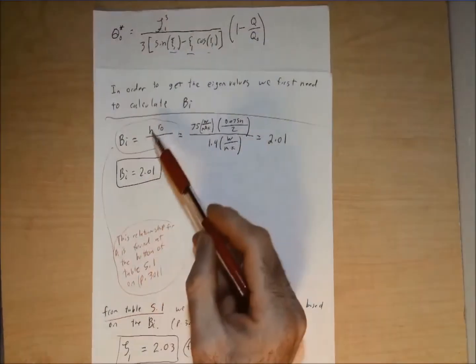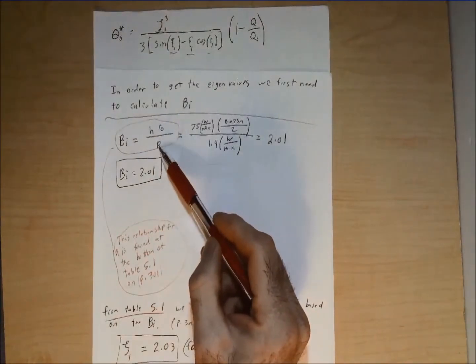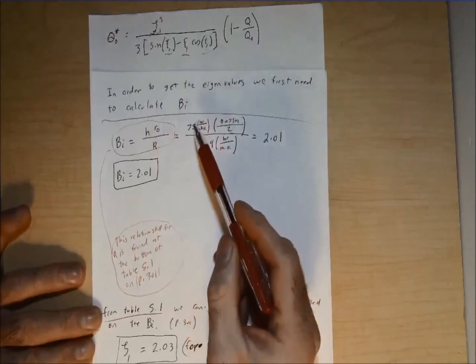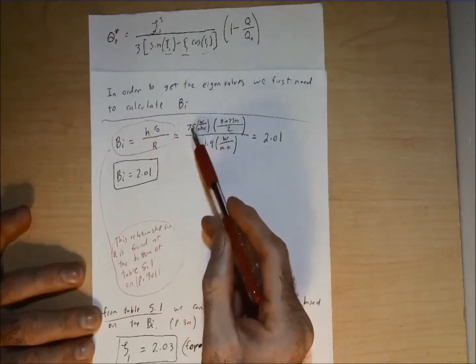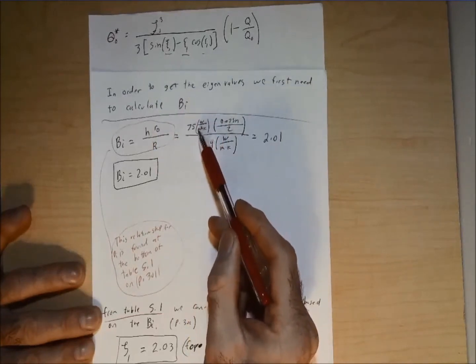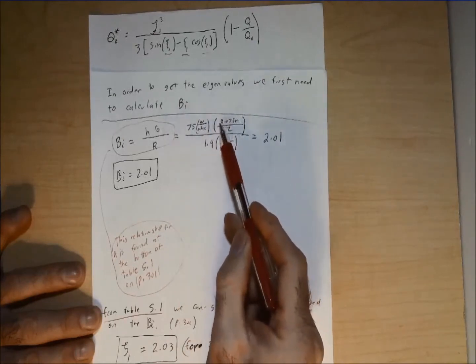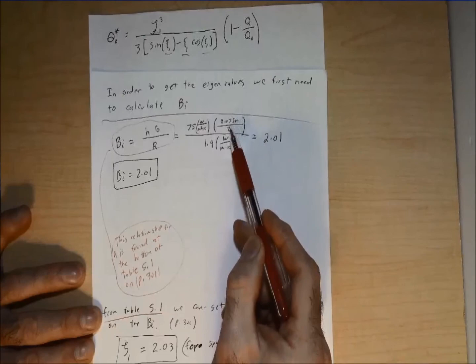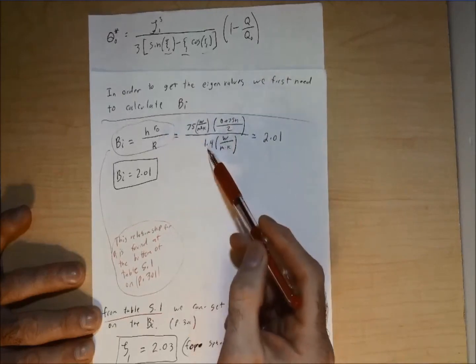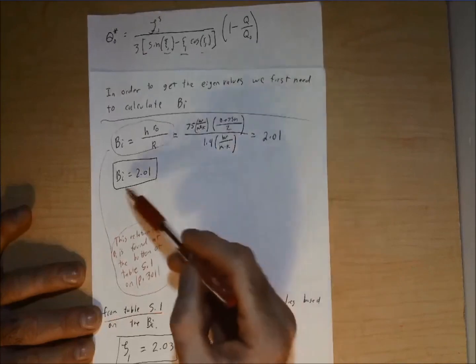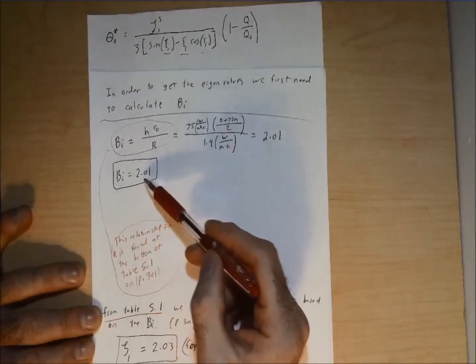And this gives us that h times r naught over k is equal to Bi, where we have these given known values from our problem statement, where h is equal to 75 watts per meter squared times Kelvin, r naught is a diameter over 2, 0.075 meters divided by 2, and k is equal to 1.4 watts per meter times Kelvin. Plug this in, we end up with Bi is equal to 2.01.